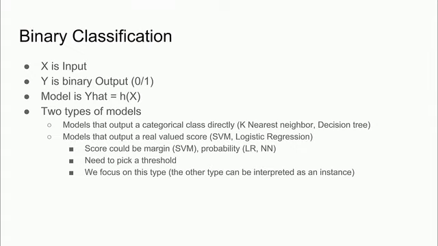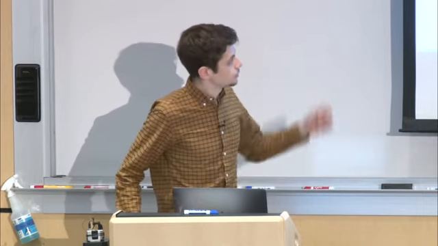Anything above this threshold of probability we call a positive example, and anything below it we call a negative example. You really do need to pick a threshold to make that classification. Because this is the harder type to talk about metrics for, we'll focus on this second type.